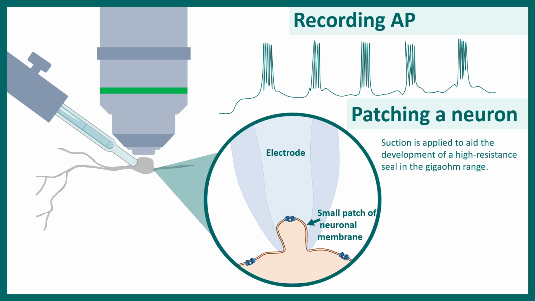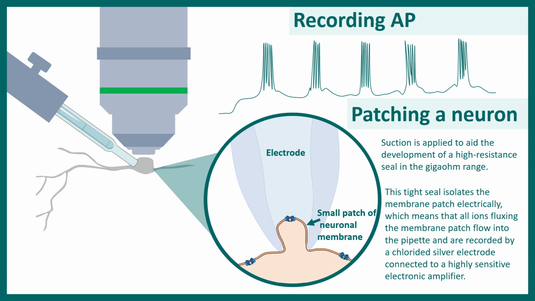And this resistance is so high, it is in the order of gigaohm. Now this tight seal is really important. This tight seal ensures that this portion of the membrane is electrically isolated, and all the ions that move through this particular region move into the electrode and nothing leaks out.